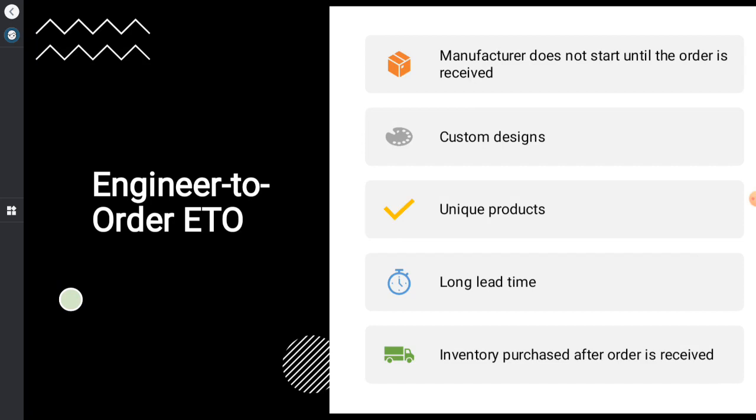So basically we don't have anything in the inventory. We start immediately after we receive the order.